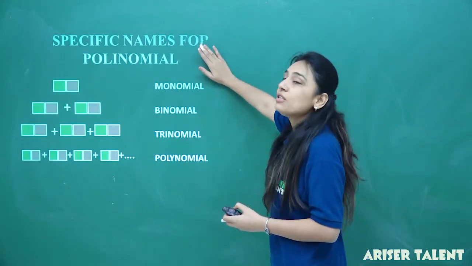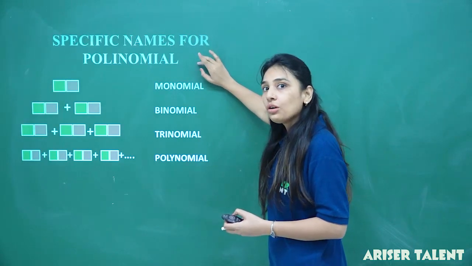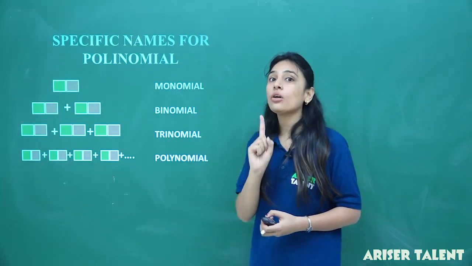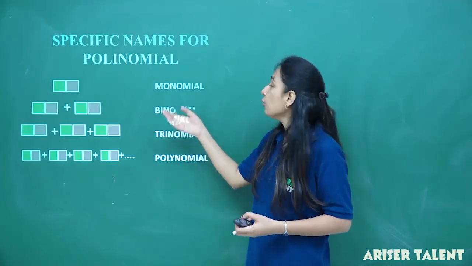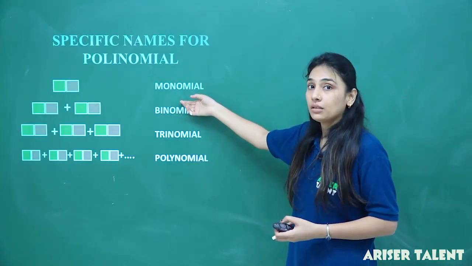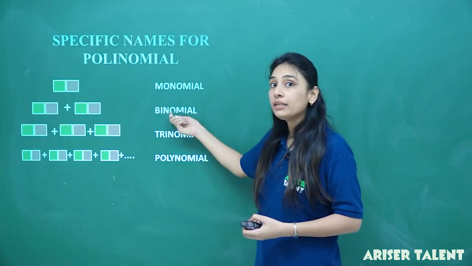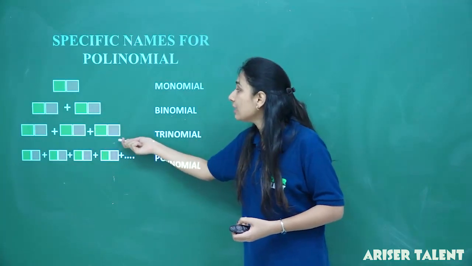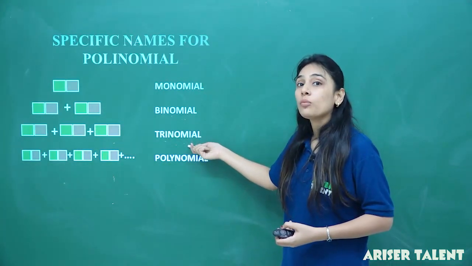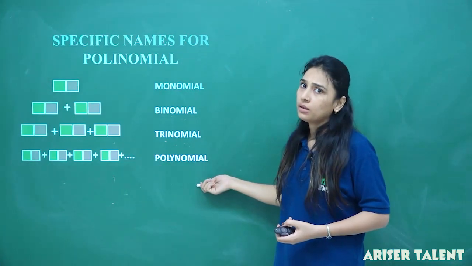So, specific names for polynomials. If you are having only one term in your polynomial, then you will call it a monomial. If you are having two terms, you will call it a binomial. If you are having three terms, we will call it a trinomial, and if more than three, we will call it a polynomial.